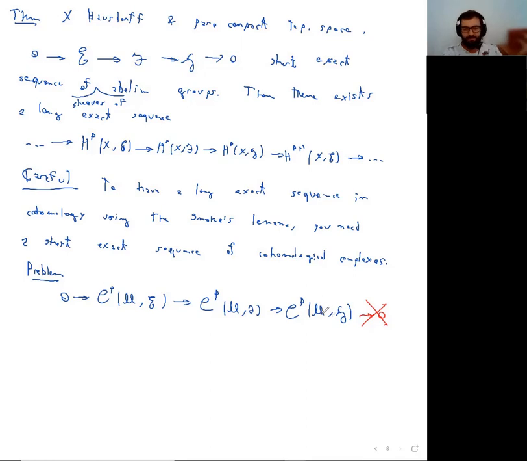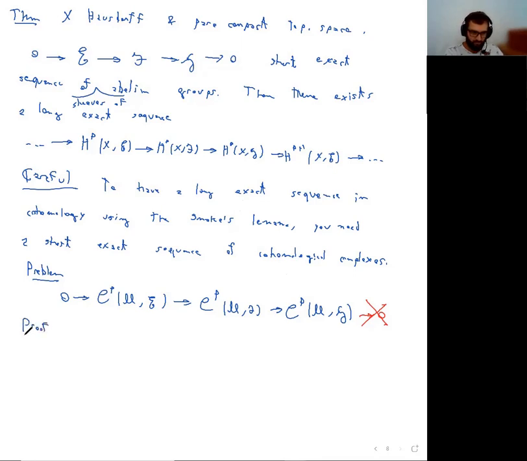Let's say for every element here, you need to find one cover U prime for which this is correct. You just need for every element its own cover, because you take the direct limit and everything works. Okay, so this is the power also of the direct limit. So this was the intuitive reasoning behind it.